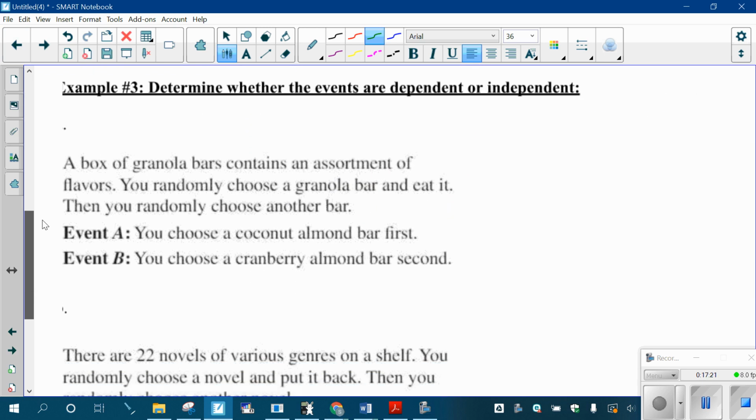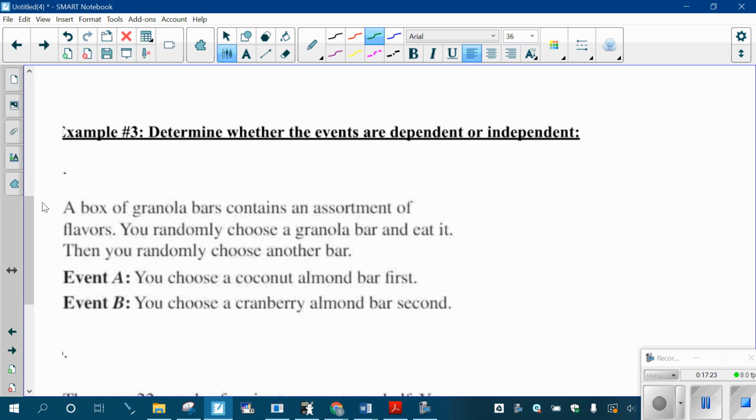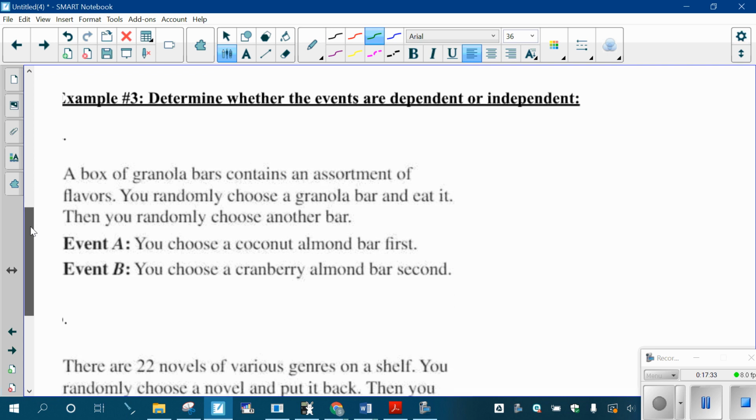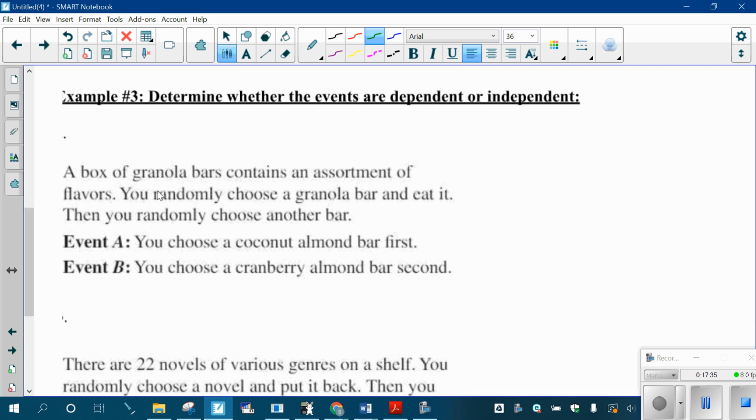So here I just want to think about it and decide whether the two events are independent or dependent, whether what happens in the one event impacts the other one. So you got a box of granola bars with a bunch of flavors. You randomly choose a granola bar, eat it, and then choose another one. Our events are you pick a coconut one, and then you choose a cranberry almond one.